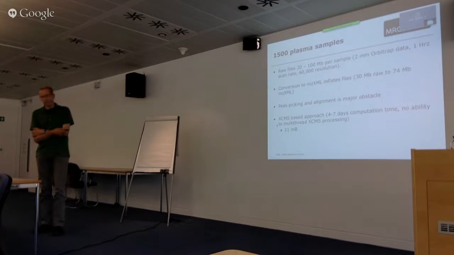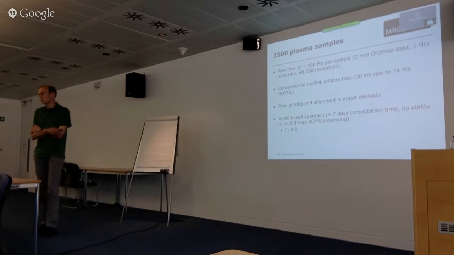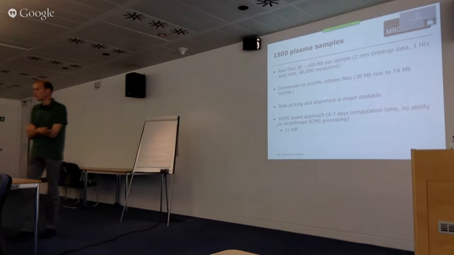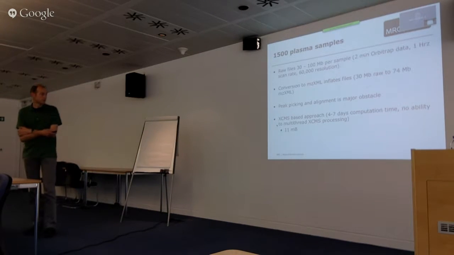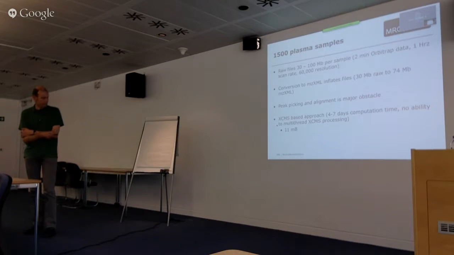There was about several gigabytes of data, but we ran into the problem which was already mentioned by Rick. You have to inflate the data by moving it over to mzXML to be able to use other types of software for peak picking, like XCMS. And the time to do the peak picking is actually, for us, a big bottleneck.